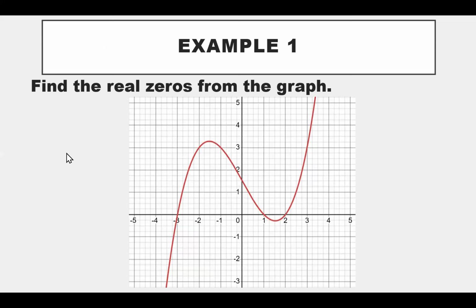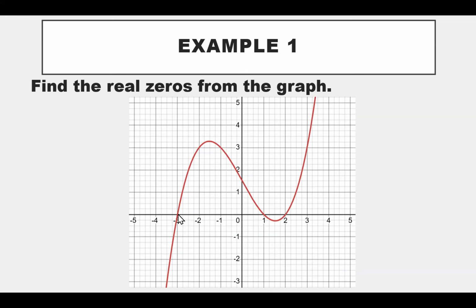Let's look at this example to start out with. This question asks us to find the real zeros by looking at the graph of this polynomial function. When I look at this graph, I can see that it crosses the x-axis at 3 points.